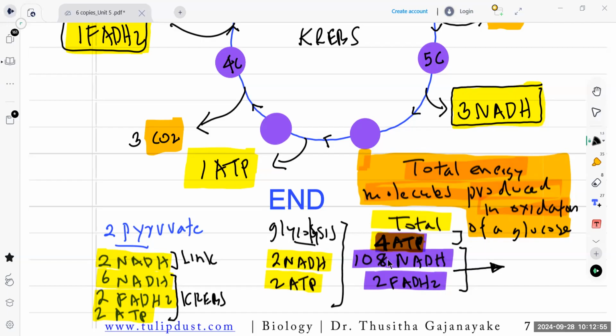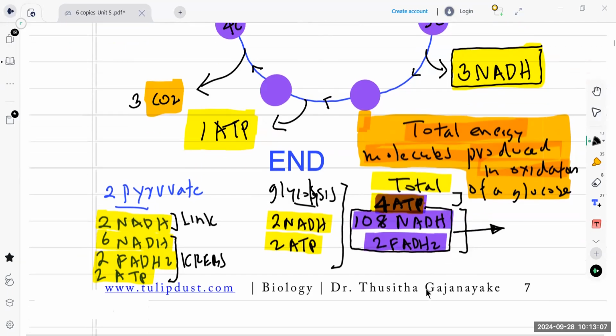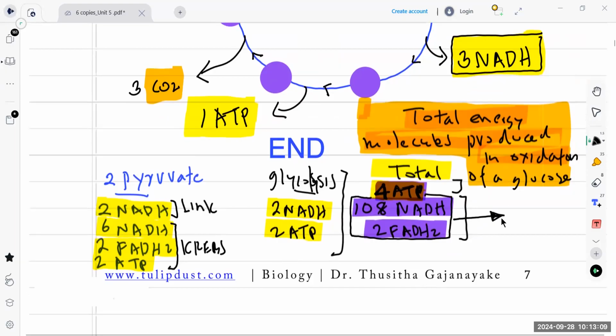Why do we end up with these other molecules, and later they're going to make ATP? That's how it's happening. NADH and FADH are rich in energy. They are going to form energy in another completely different method. In the second phase, they are going to make ATP from NADH and FADH.